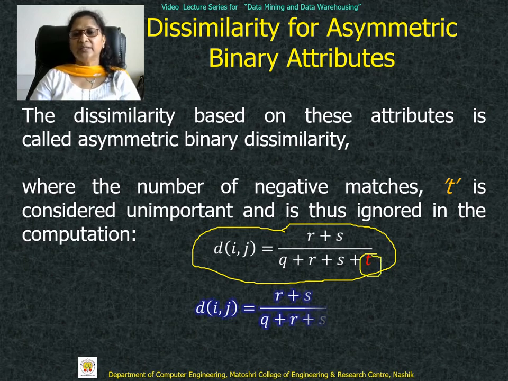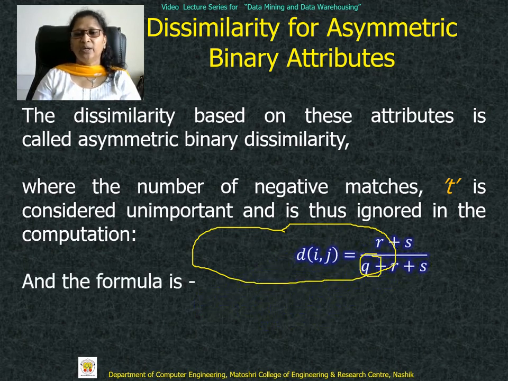So resultant formula for computing dissimilarity between two objects R and S results as Dij is equal to R plus S divided by Q plus R plus S. Here T we have omitted.